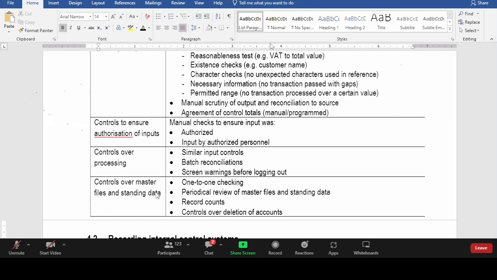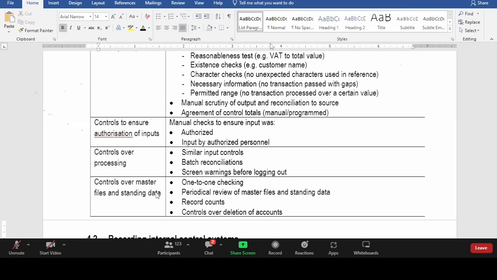And then we have to ensure that there are controls over deletion of accounts, so that all workers are paid. Now, deletion here could be deleting, for example, a sales ledger; a debtors' ledger is a master file.